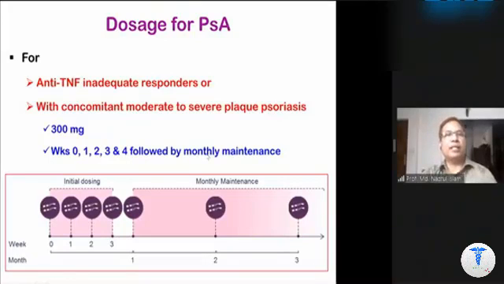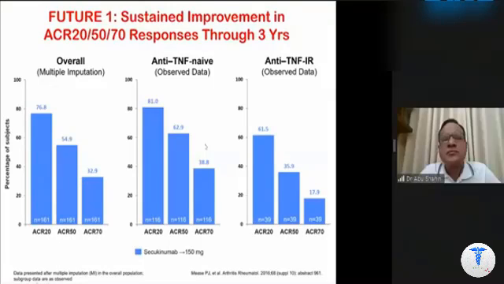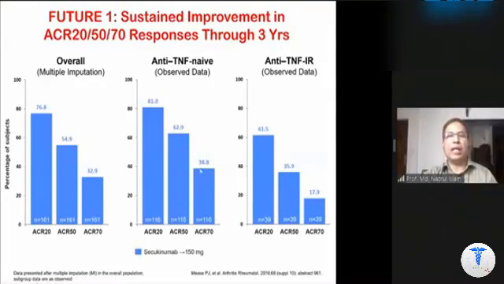What about the efficacy? In the FUTURE study, they showed, for the overall TNF naive and TNF inadequate response cases, ACR20 of about 77%, ACR50 of about 55%, and ACR70 of about 33%. Naive cases have a little higher response, but those who were exposed to a TNF inhibitor have a lesser response compared to the naive subjects.